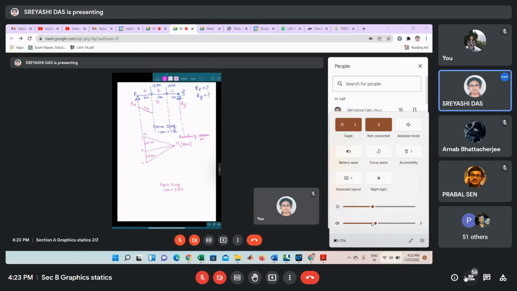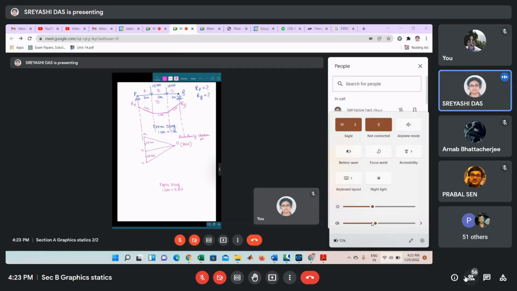Now, parallel to OB, we will draw another line in the B space. So this line is parallel to OB. Then parallel to OC, we will draw a line in the C space. So this line is parallel to OC.